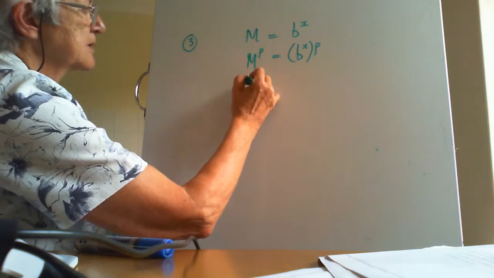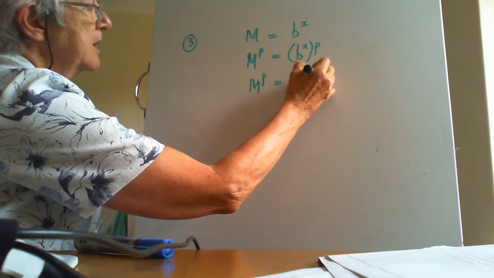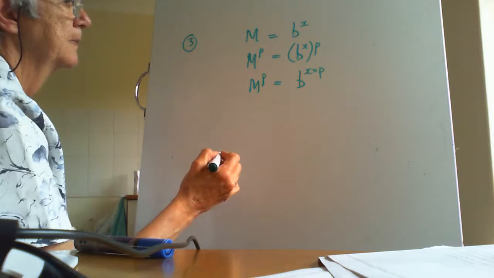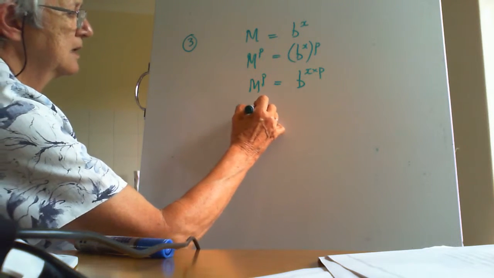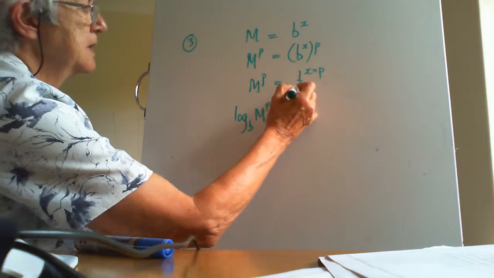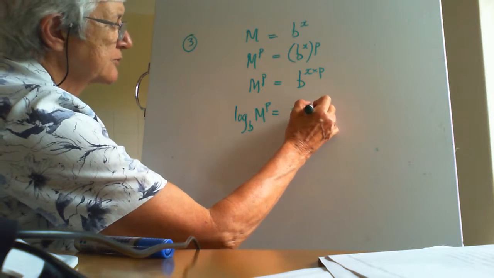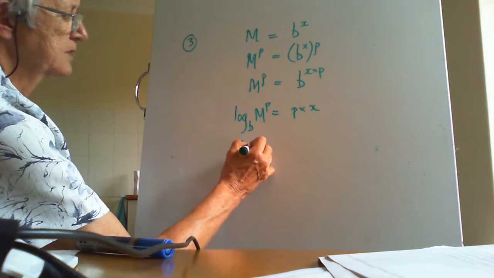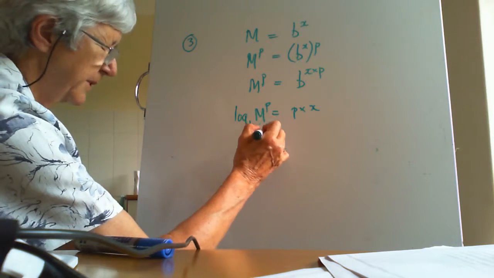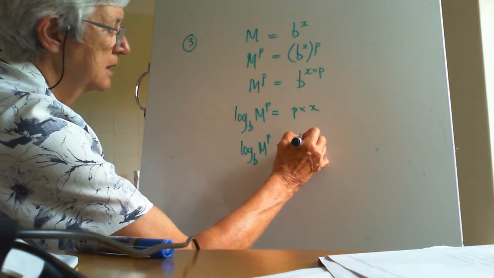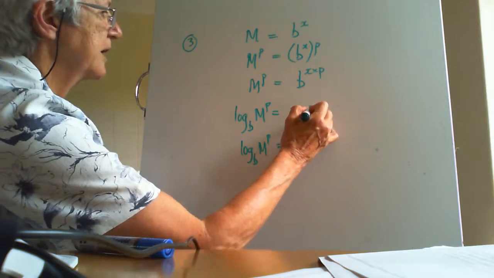If you remember, it is multiplication. So m to the power p would be b to the power x times p. And now if we put that into log notation, you'd say the log to the base b of m to the power p is that exponent x times p, but I'm going to put the p first for convenience, and you land up with this third law of logs, that the log of m to the power p is p log m. x is the log of m, remember.